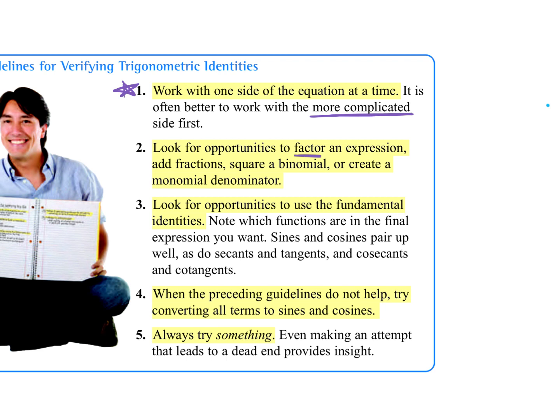And then when the preceding guidelines do not help, try converting all terms to sine and cosines. And the fifth step is to always try something. Even making an attempt that leads to a dead end provides insight. So always try something.